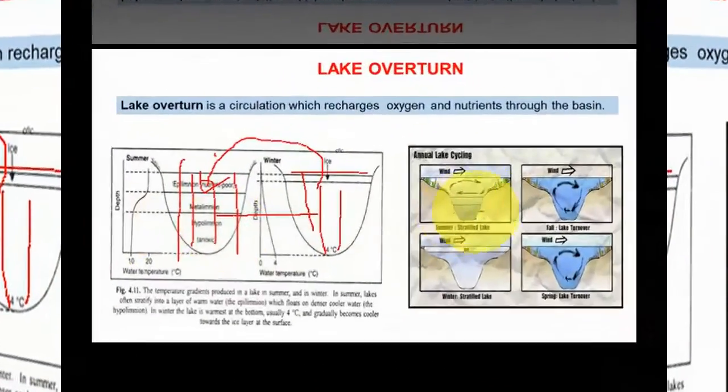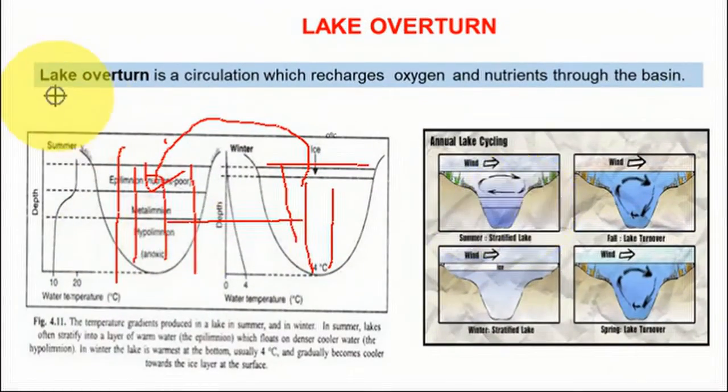So there is annual lake cycling. What is the importance of lake overturn? Because there is annual cycling in lakes. At least four distinct annual cycles are known to all limnologists. In the first case, this is the summer case, where stratified lakes are there and winds are there, so it has a different overturn.